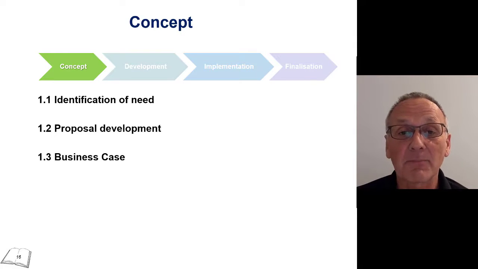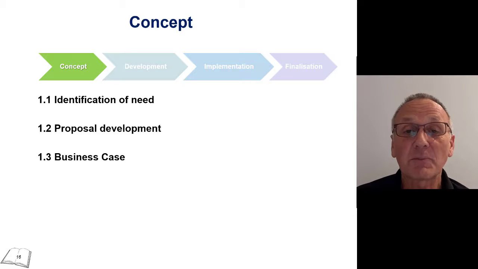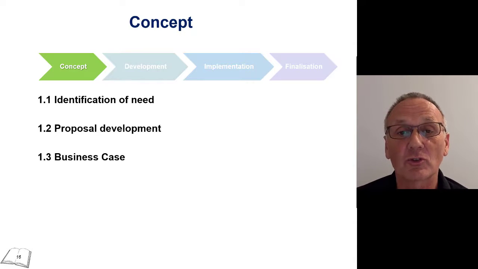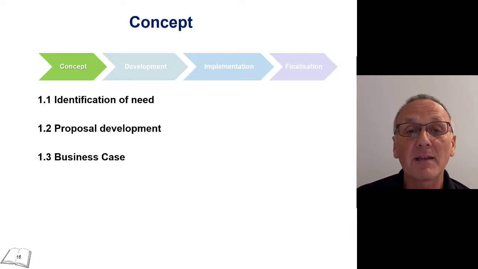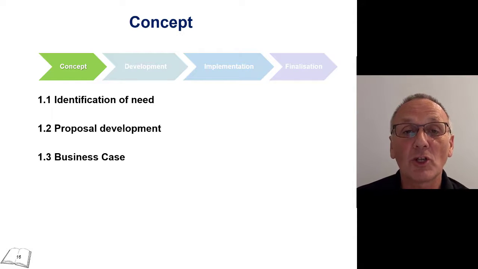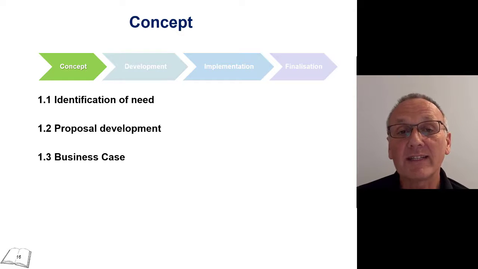Now, as part of that proposal, you may well have an options analysis where you look at the potential solutions to that problem, and there may be multiple potential solutions or options. So as part of developing up that proposal, you do the options analysis and then determine what is the most appropriate solution for this particular project.